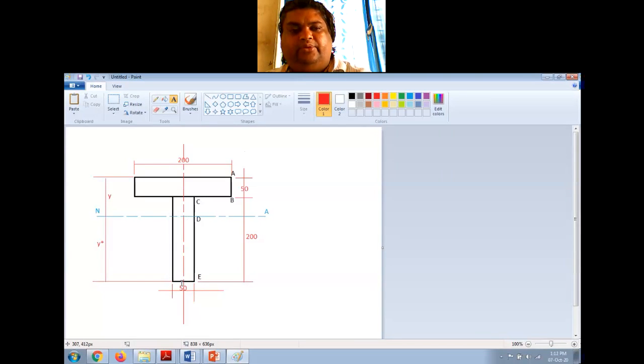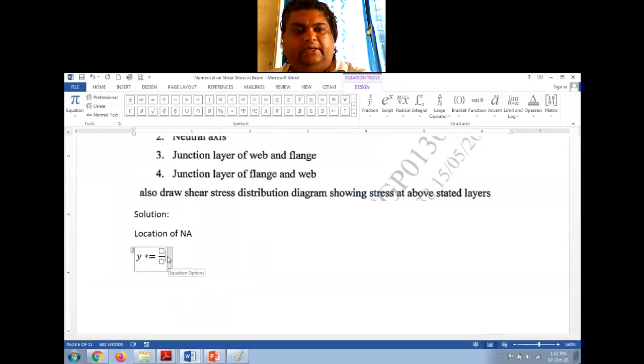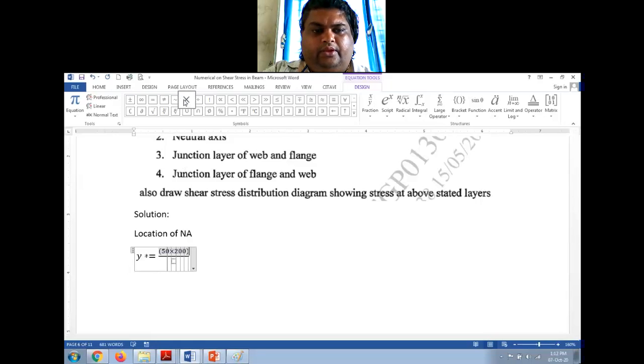So I'm starting from here with respect to this surface. I'm finding this y star. So if you consider this rectangle, the area will be 50 into 200 into y1 is again 200 by 2.